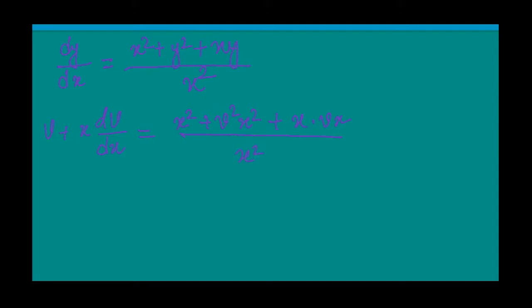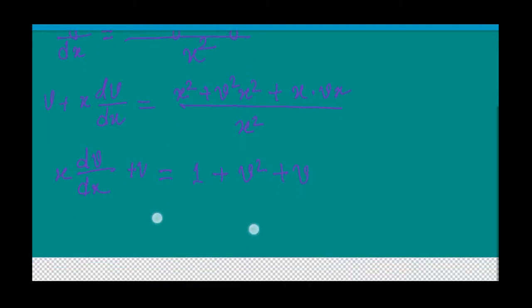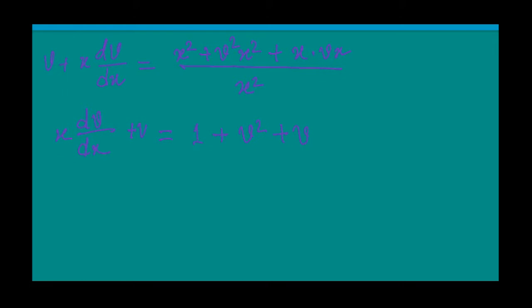So what is it coming to? x dv by dx plus v is equal to 1 plus v square plus v, and here this can be separated by variables.